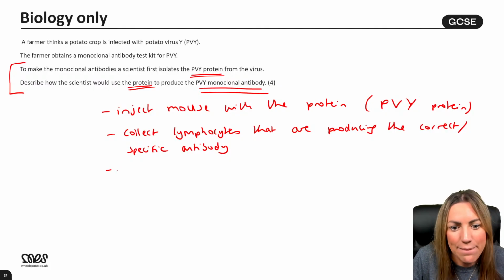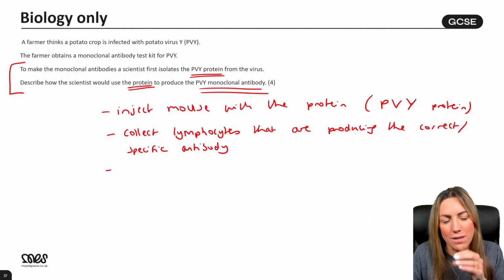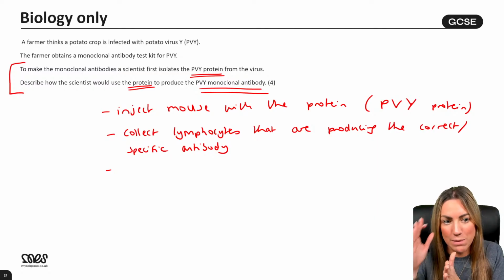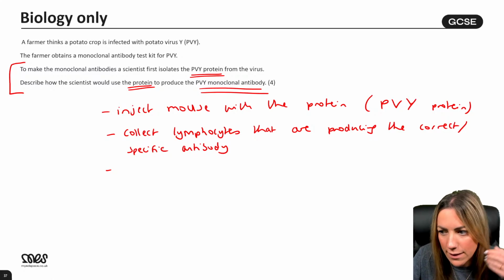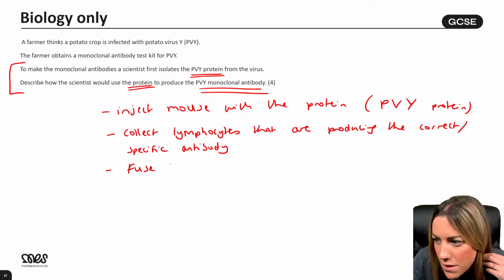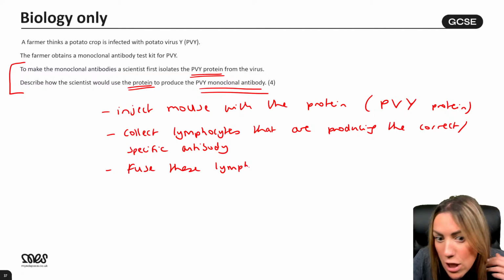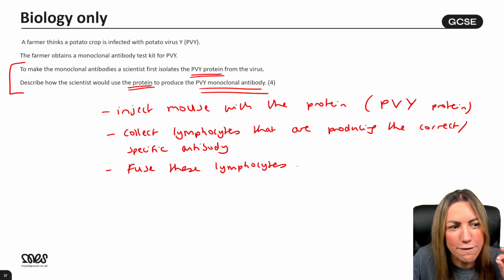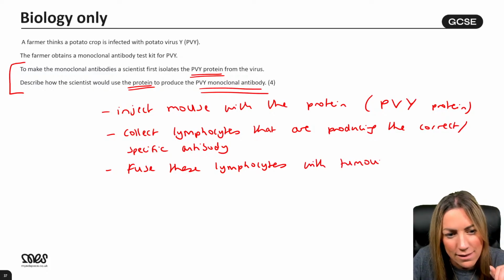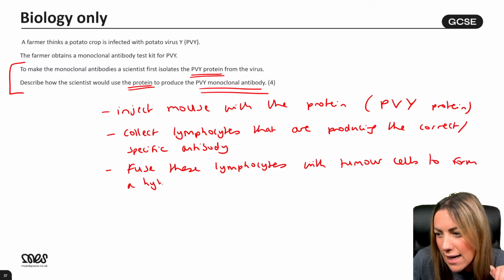So don't just say collect lymphocytes. You want to tell the examiner that you're going to collect the lymphocytes that are producing the specific antibody, the correct antibody, the antibody for the PVY that binds to the PVY. And then you're going to fuse these lymphocytes, not the antibodies. You'd be surprised. I see so many students saying, fuse the antibodies with a tumor cell. That's not right, you're fusing the lymphocytes with tumor cells to form a hybridoma.